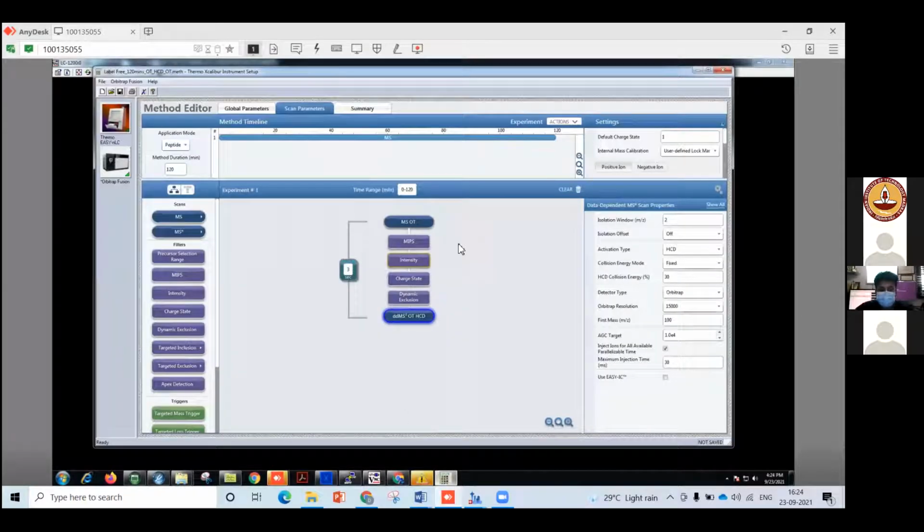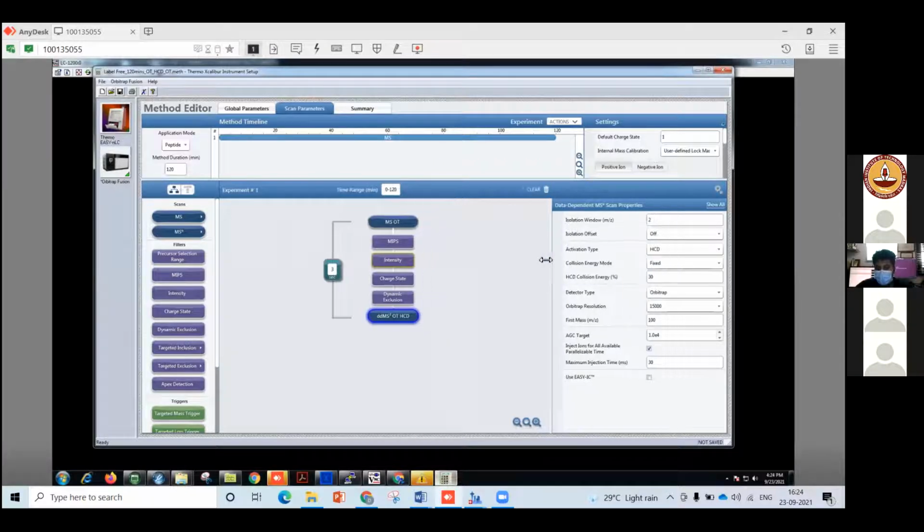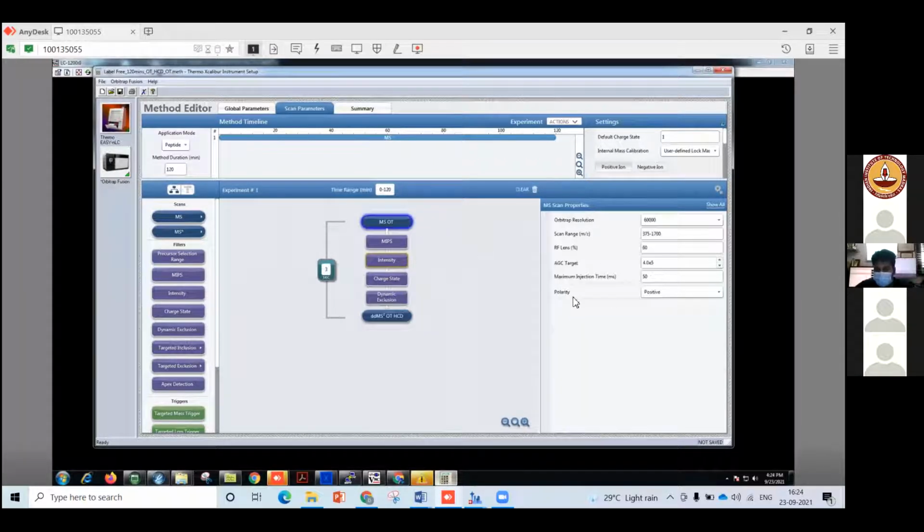This is a parameter file that we use for the global proteomics, and these are some of the important parameters which I'm showing on the screen, which include the Orbitrap resolution, where we are keeping the resolution of the Orbitrap at around 60,000, followed by scan range.